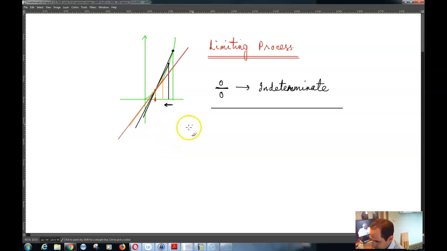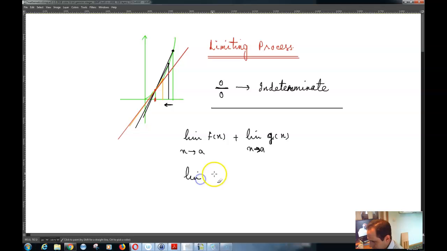For example, if you have the limit of f of x as x tends to a plus the limit of g of x as x tends to a, is it possible to add these two limits together? Or if you have the limit of f of x as x tends to a times the limit of g of x as x tends to a, and there is also subtraction, there is also division, and so on. We will talk a little bit about that as well.